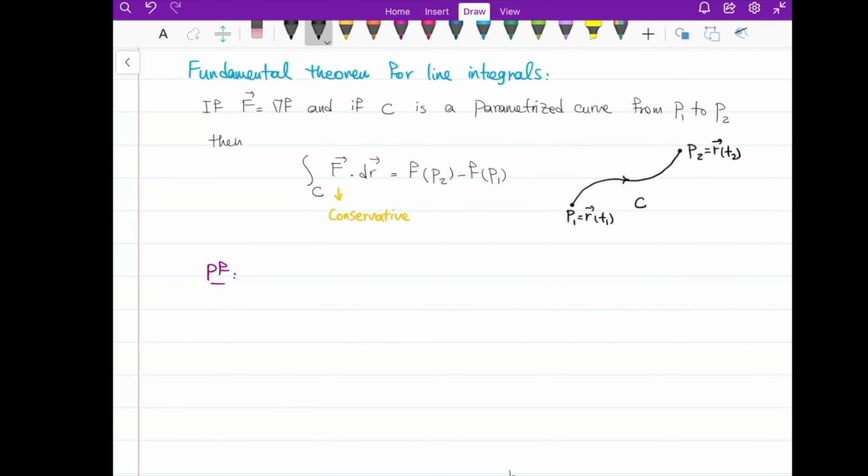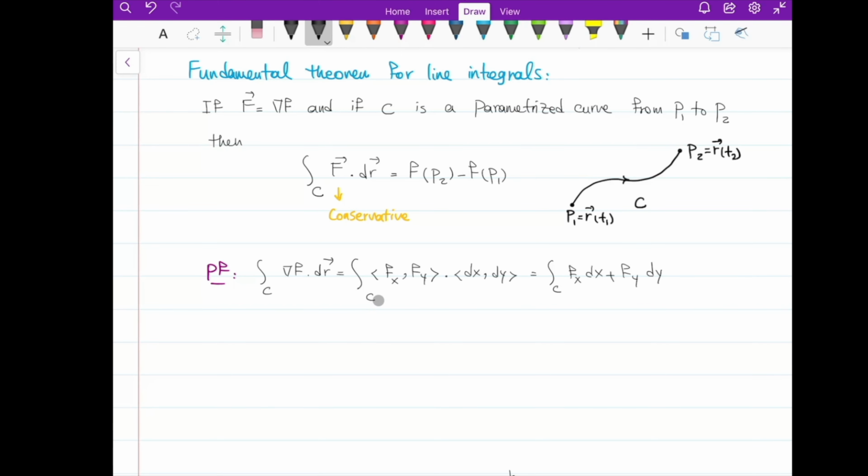So for the proof, I can say the integral over C of the gradient f dr is equal to what? It's equal to the gradient of a function would be fx, fy, and then dr has the notation for dx and then dy over the curve C. I have a dot product between these two vectors, so it would be fx dx plus fy dy.